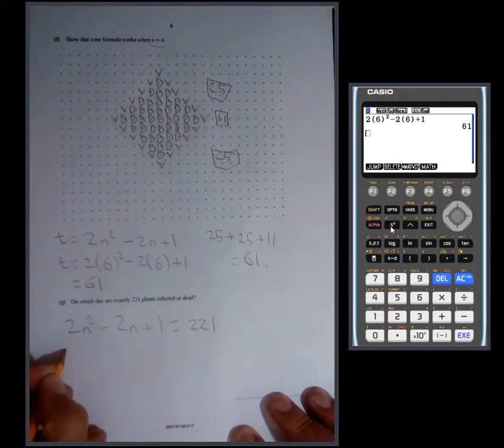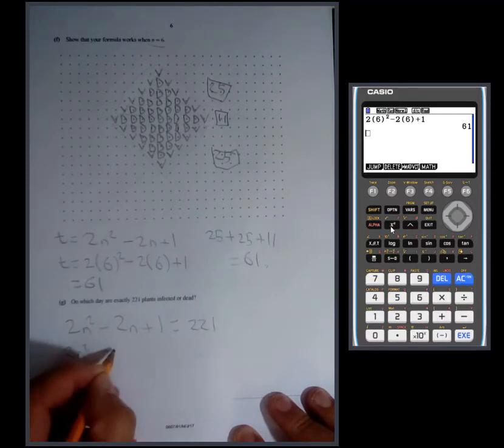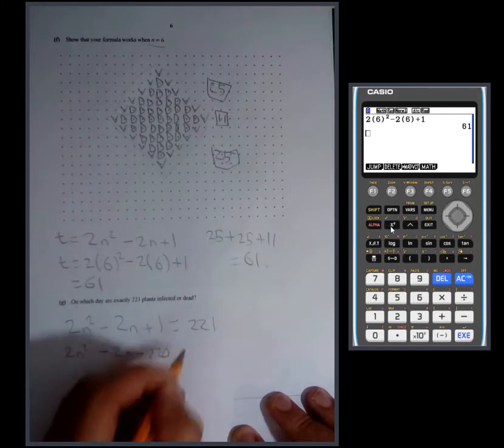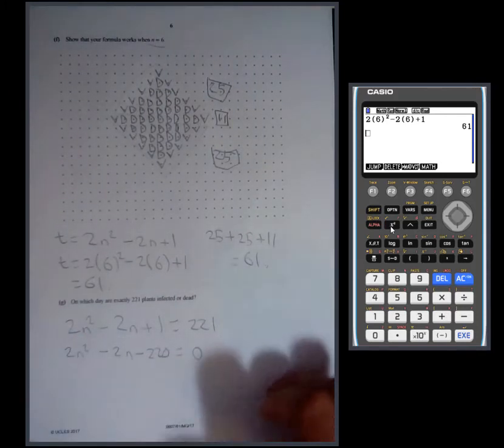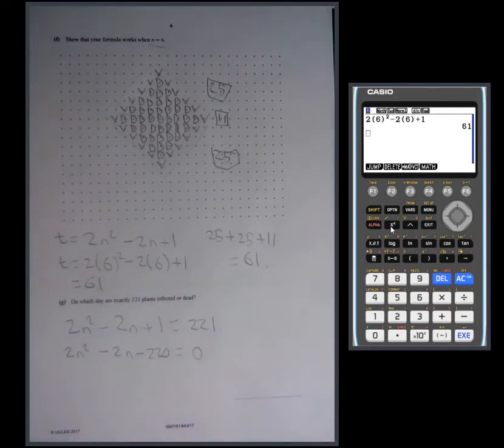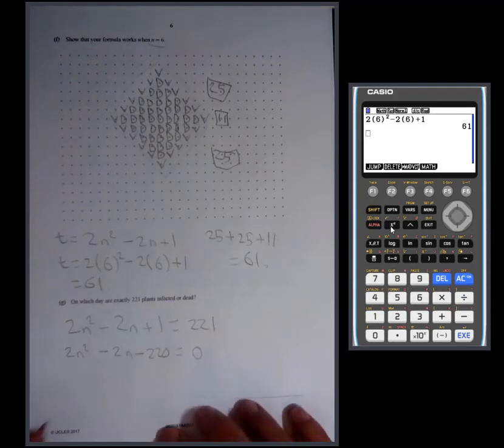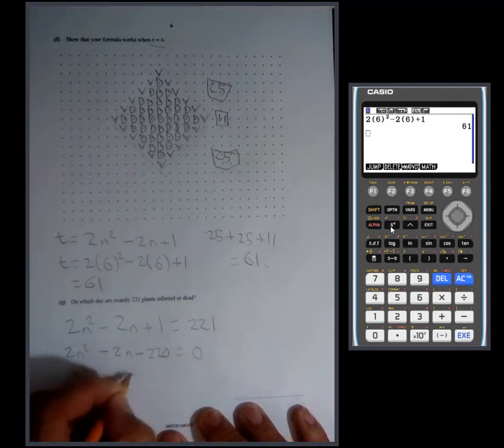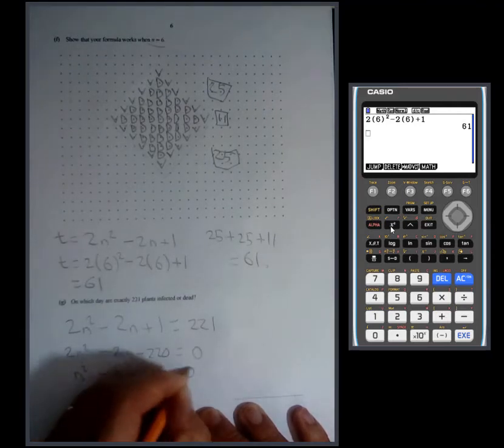So 2n squared minus 2n, and 1 minus 221 is minus 220, equals 0. You have a 2 in all of these, so given that we're only looking to find the number, you could divide through by 2. So n squared minus n minus 110 equals 0.